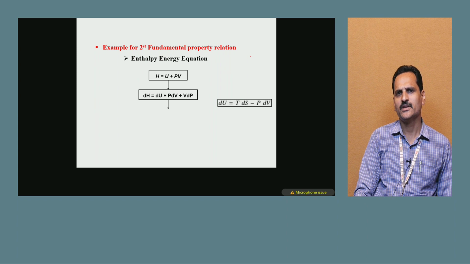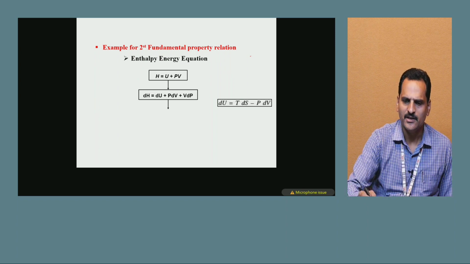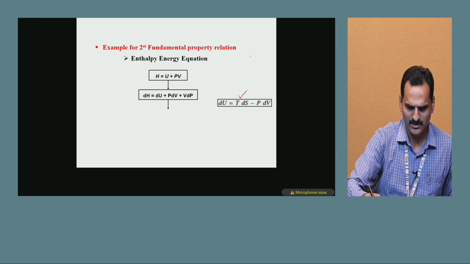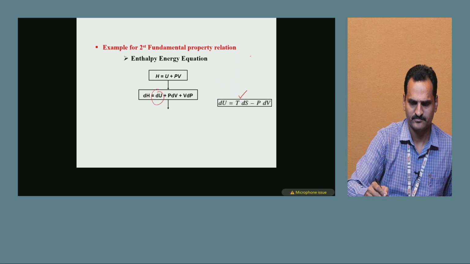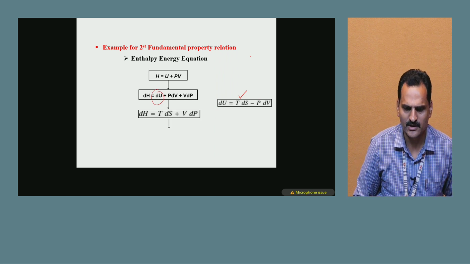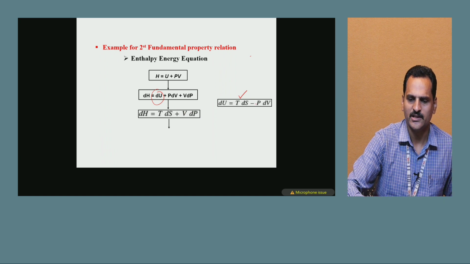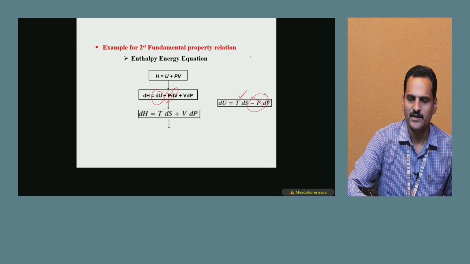The previous fundamental property equation 1 derived for internal energy: dU is equal to TdS minus PdV. Just substitute this first fundamental property equation in the place of dU. Then we get TdS plus VdP, because the minus PdV and plus PdV will be cancelled.